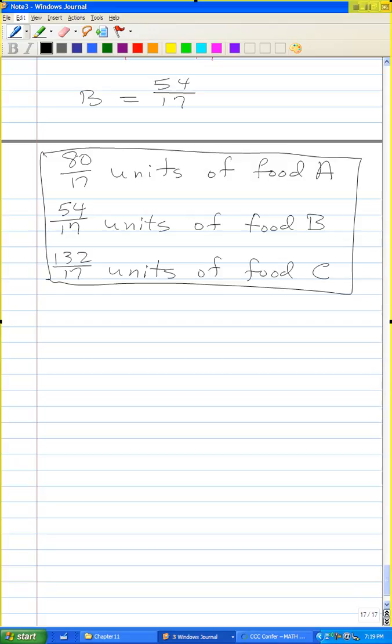So that really finishes off section 12.1. And I guess we'll start section 12.2 on Monday.